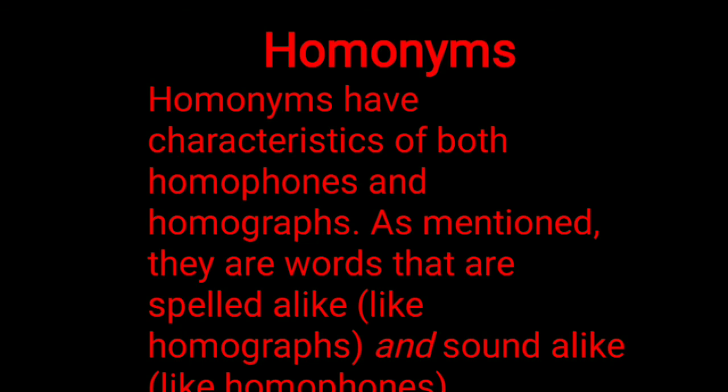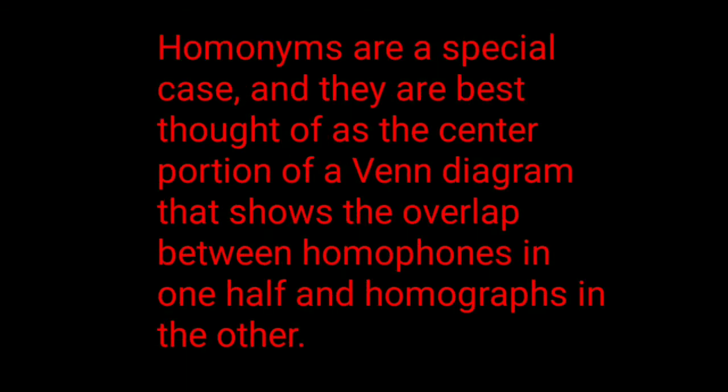So here you'd have to reconsider homonyms. Just put your ultimate focus on the fact that this is an amalgamation of homophones and homographs, but in which way? They are spelled alike, like homographs, and sound alike, like homophones, and finally it comes out as homonyms.